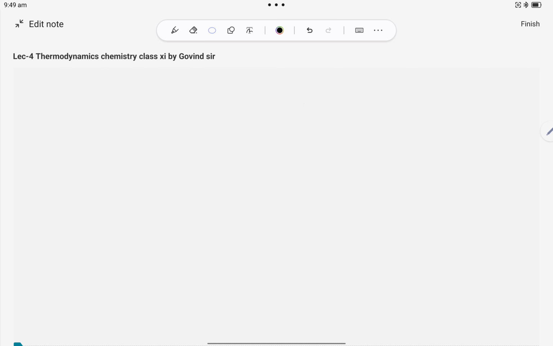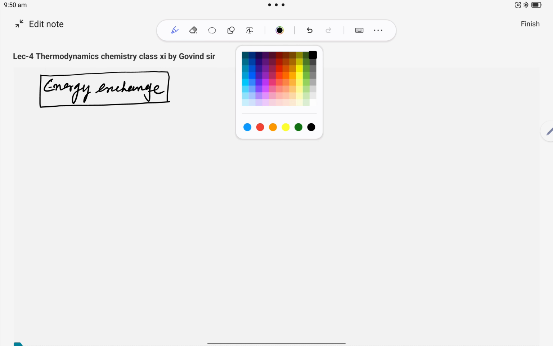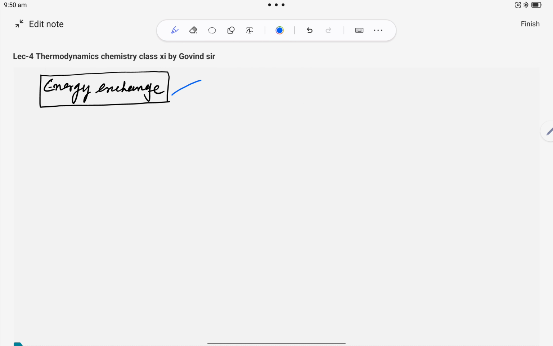Till lecture number 3, we have completed the concept of heat. Now we are going to discuss energy. Children, energy exchange. During the thermodynamics process, I told you energy can be exchanged in two ways.